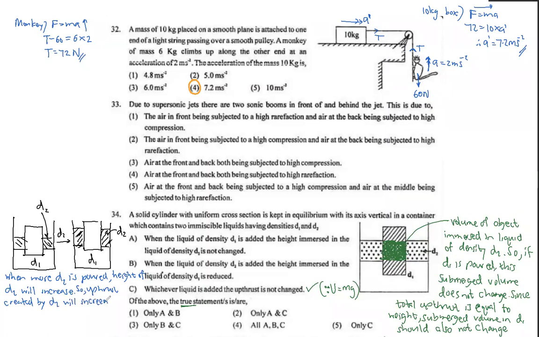But total upthrust is constant. So upthrust created by D1 should reduce. So submerged volume in D1 should reduce.